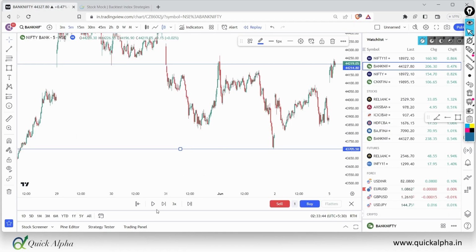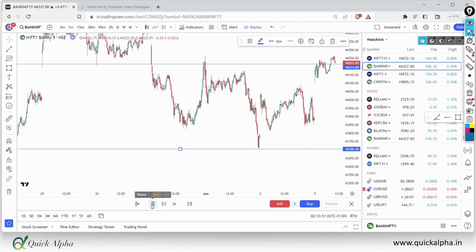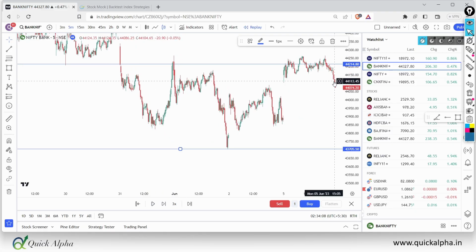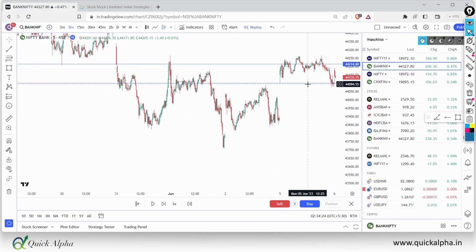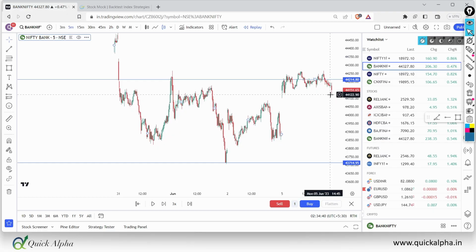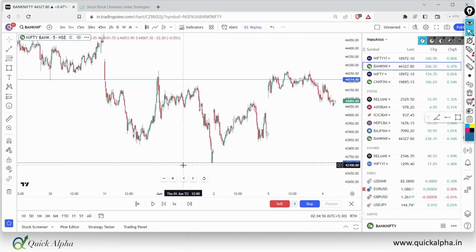So let's continue simulating. You can see right at this particular point, the market tried to go higher, but it faced resistance and immediately it came down and it was unable to hold this day's open.